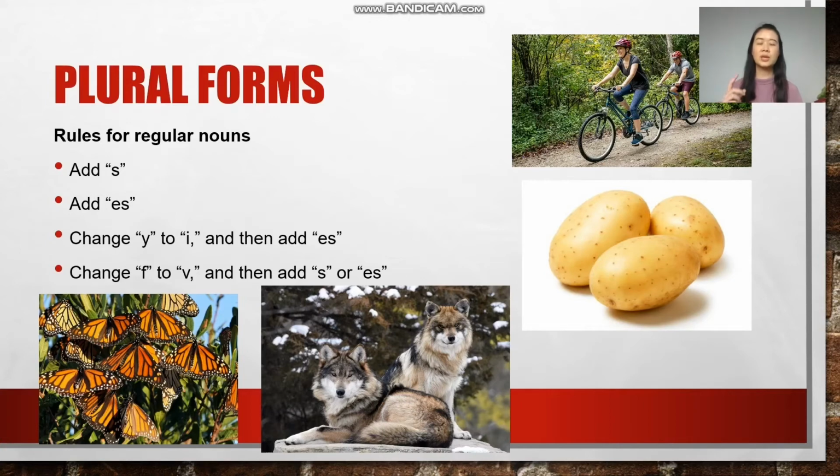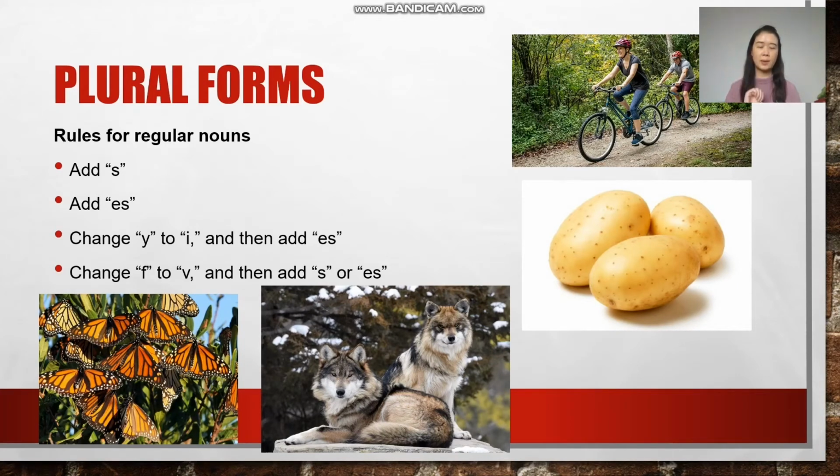First way, we can just add s at the end of the word, right? Or we can add es at the end. Or we can change from y to i, and then add es at the end. Or you have to change from f to v, and then add s or es.